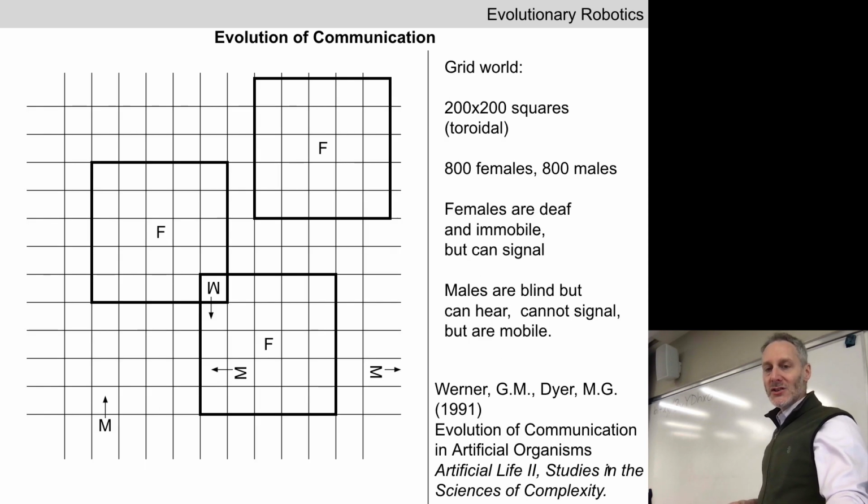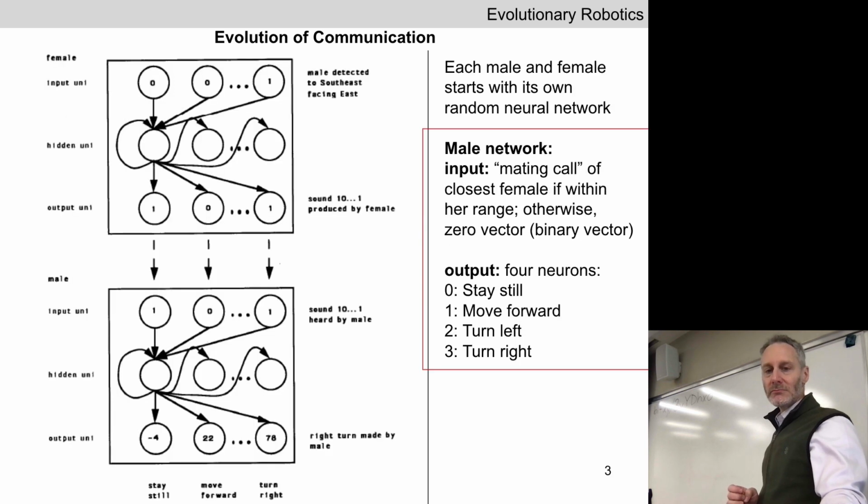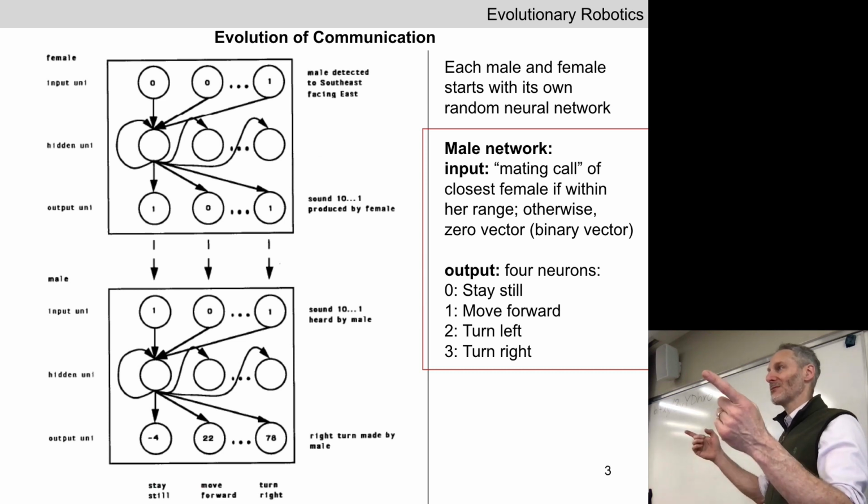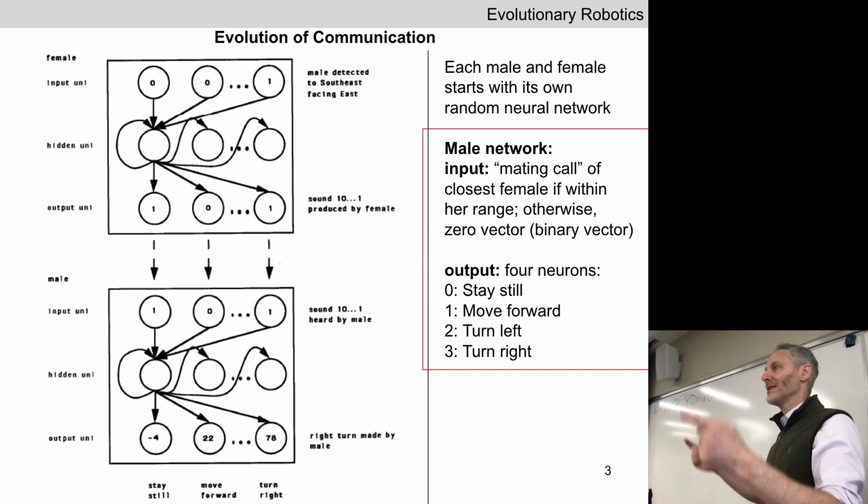There is a population. We've got 800 females and 800 males. Males that find females, those male-female pairs are going to produce more offspring than males and females that do not find each other. So what do you think is going to happen to the males and females that do not find each other?